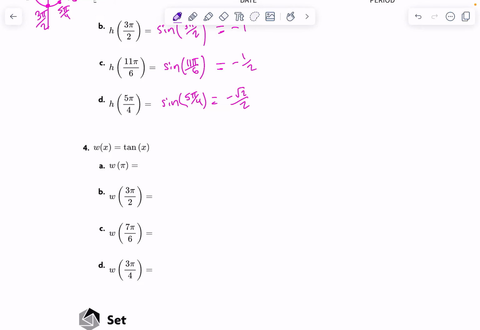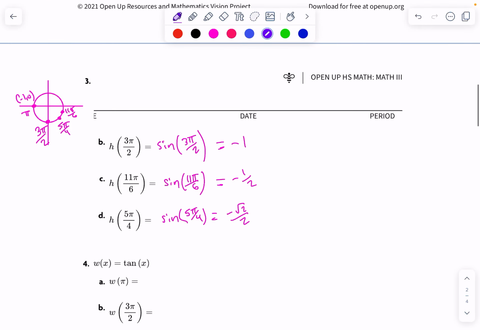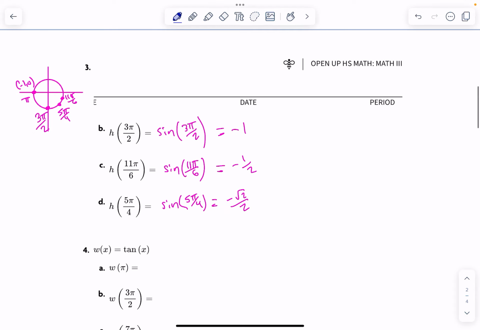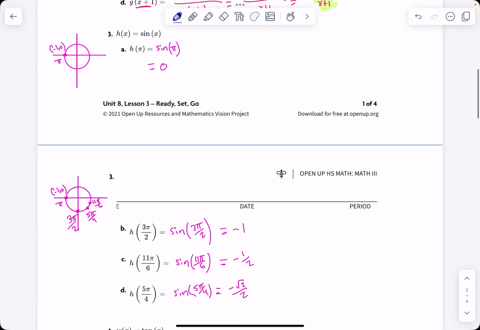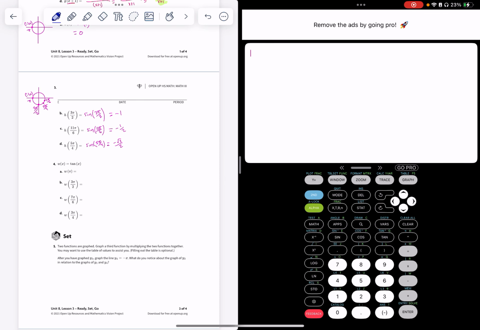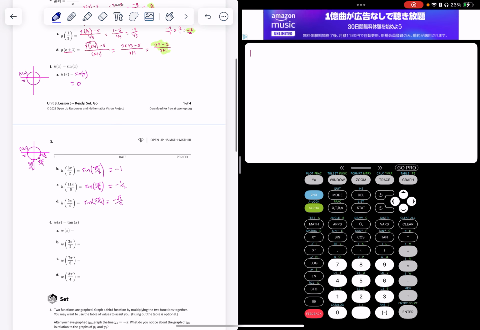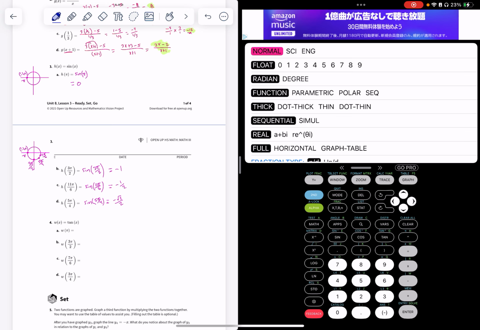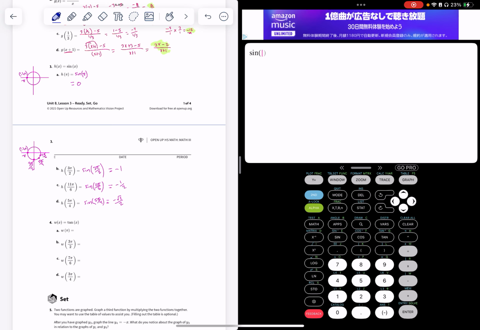Now for those problems, we can go ahead and use your calculator to double check. I'm not entirely sure if you will have a calculator for some of these problems. You should be able to do them without a calculator. But for example, what's important? I need to make sure I'm in radians, right? So radians is good. I'm talking about sine of 11 pi over 6.